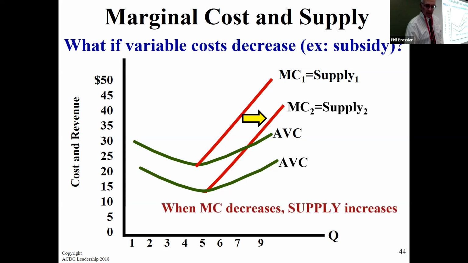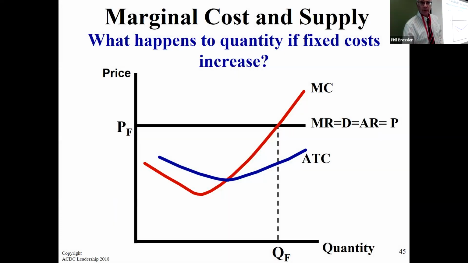Cross, if fixed cost, say rent, increases, this marginal cost could have changed. Does a fixed cost have anything to do with quantity sold?